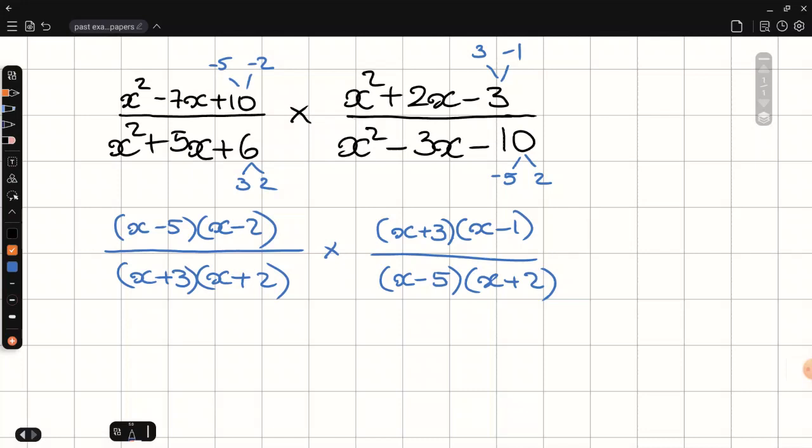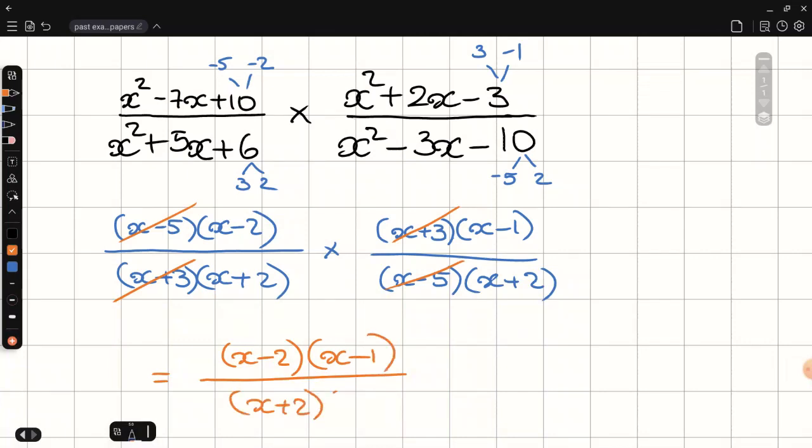So we can cancel x minus 5 with x minus 5, and x plus 3 with x plus 3. So what we end up with is x minus 2 times x minus 1 over x plus 2 times x plus 2.